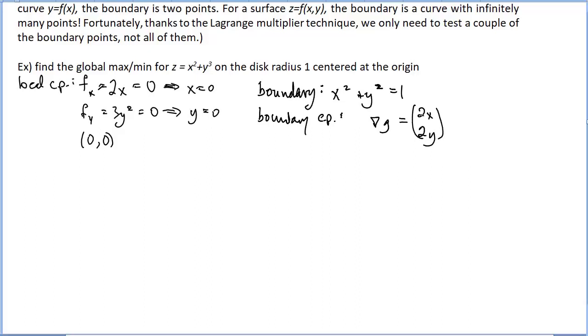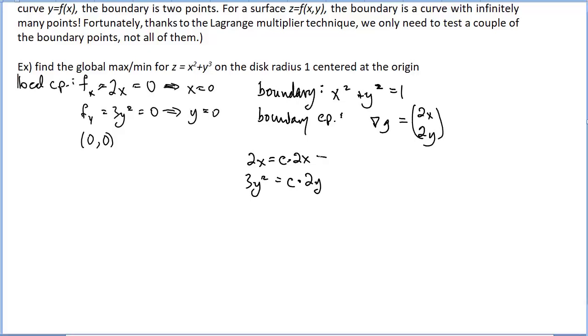Using Lagrange multipliers, we get the first equation, 2x equals some constant times 2x. Second equation, 3y squared equals some constant times 2y. And of course, we also have our boundary equation, which was x squared plus y squared equals 1. Okay, so let's go ahead and solve these equations.